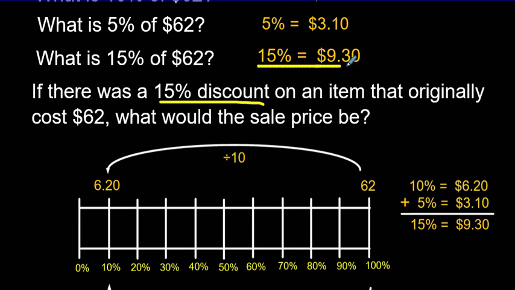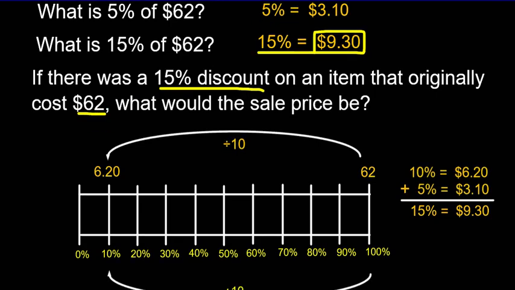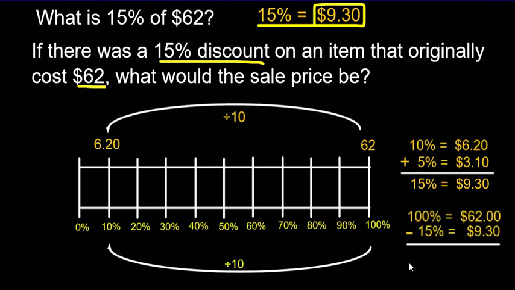So we're going to subtract this value right here from the total of $62. And when we do that, since 100% minus 15% is going to show us what our discount is, we're actually going to pay for 85% of the product, which is $52.70. So that would be the price after the discount or the sale price.